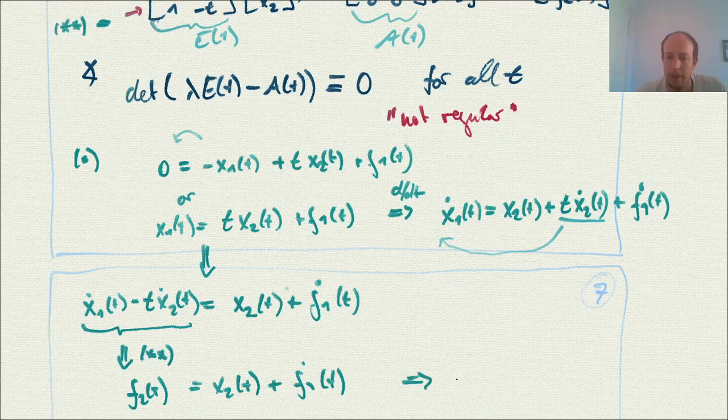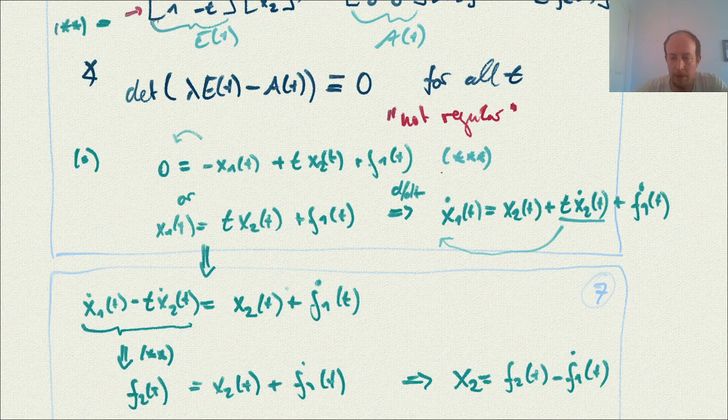Well, this basically means x2 is f2 of t minus f1 dot of t. And then, where do we have it? Yeah. Sorry, this will be the third equation that we use.